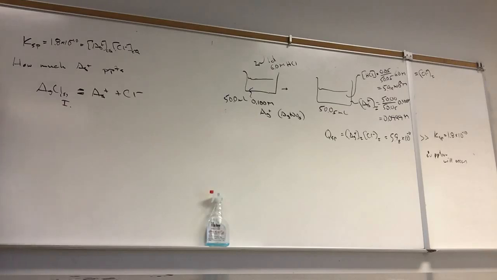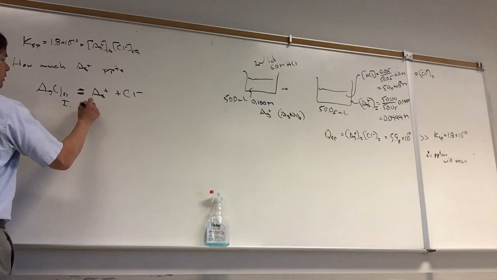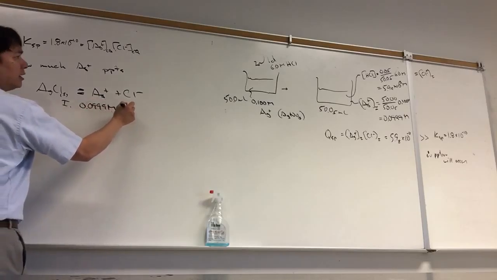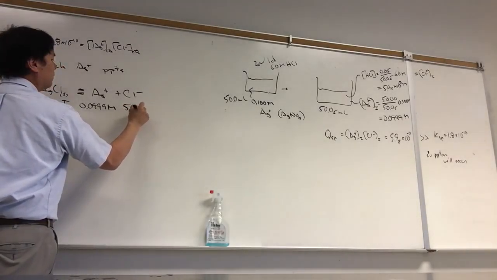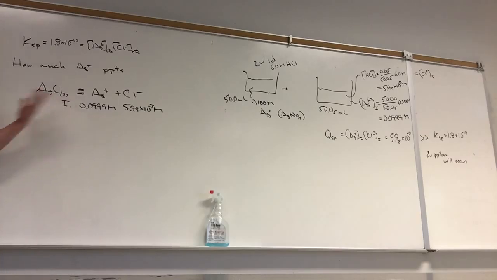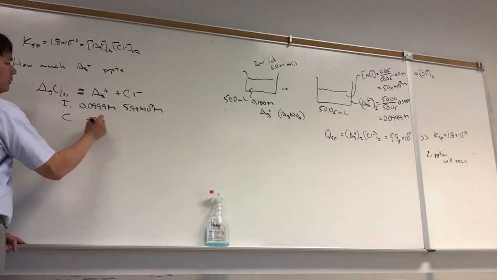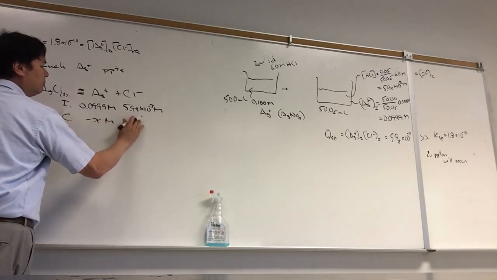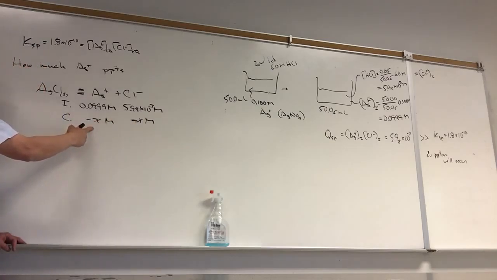If we start off with our initial concentrations, the initial concentration of silver ion is 0.0999, and the chloride is 5.99 times 10 to the minus 3. Then this is too big, and we have to lose some as precipitate.